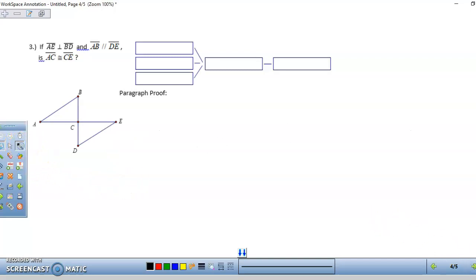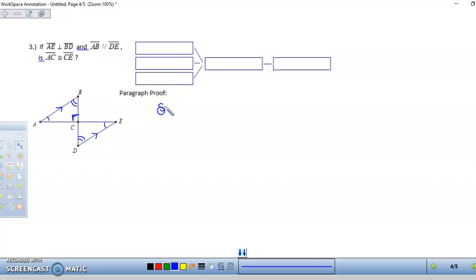Okay, next one. So here we're going to mark the picture. So AE is perpendicular to BD, and then AB is parallel to DE, and that's all we are given. So we could do a couple of Z's, get those congruent, get these congruent, but without a side, we have no idea if these triangles are congruent or not.